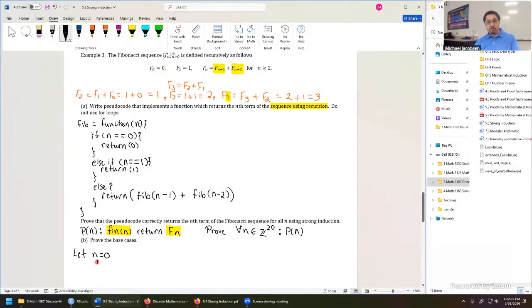We need to check the pseudocode and the sequence to make sure everything is going to run as intended. So let's see what happens first with the pseudocode if n is 0. If n is 0 and we run this function, we are going to execute this block. So we can say here, then the if block executes and returns one and only one thing, that's 0.